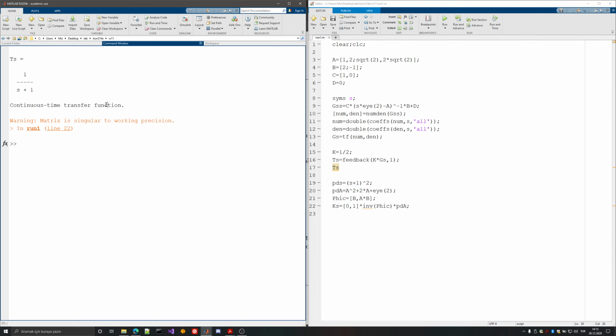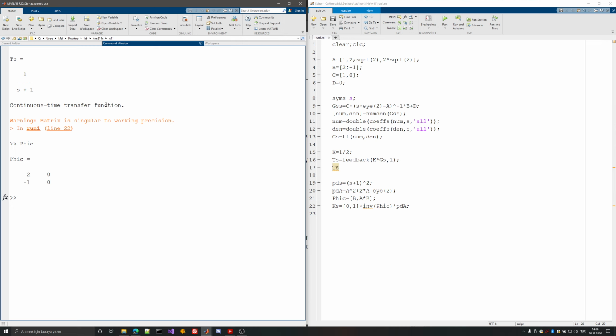So why are we not able to use this? Basically because the controllability matrix is singular. If I have phi c, you can see that there is a 0 column here, and the first one is b, 2, minus 1, and A times b is exactly 0, 0. So this is a singular matrix, and you cannot take the inverse of this.